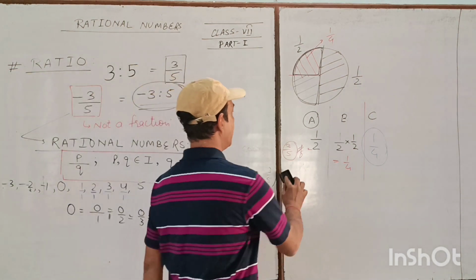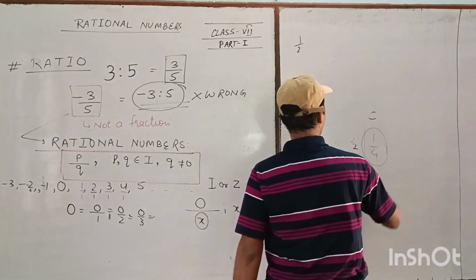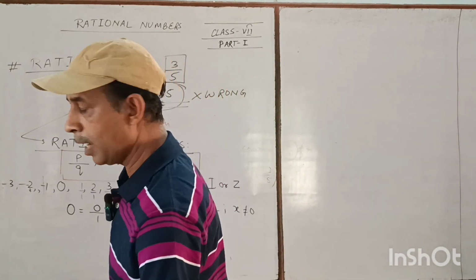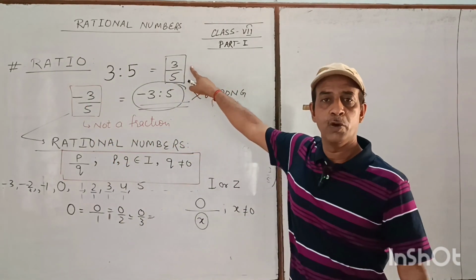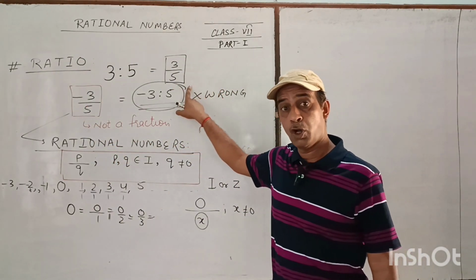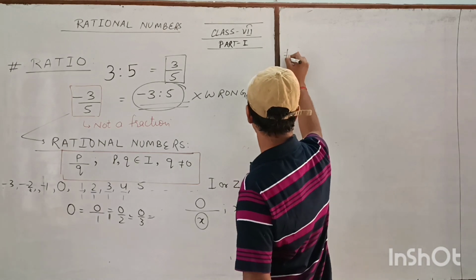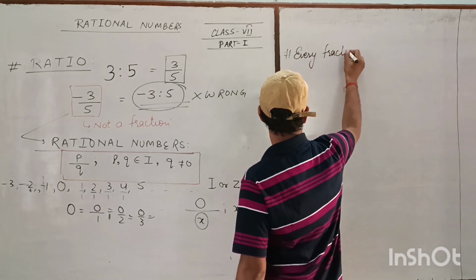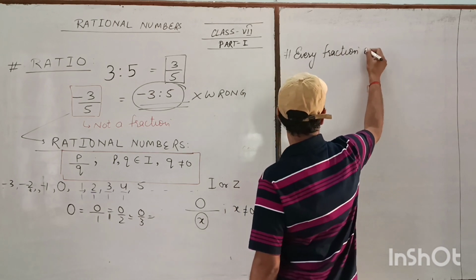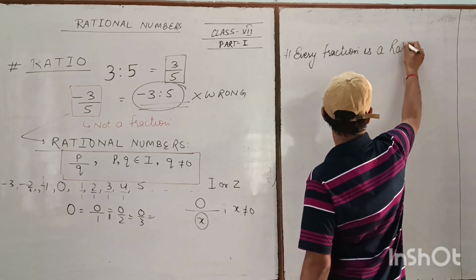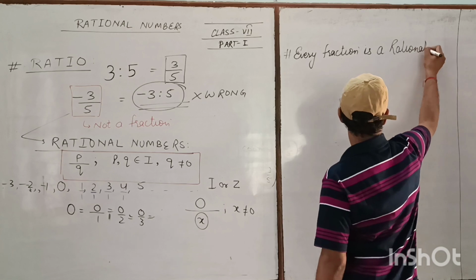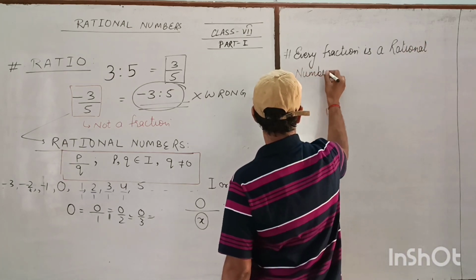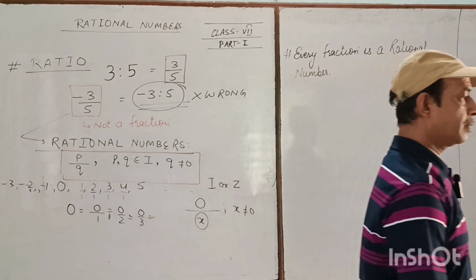Second thing we have seen: in the case of a fraction, we have a positive numerator and a positive denominator. That means every fraction is a rational number. Fine?